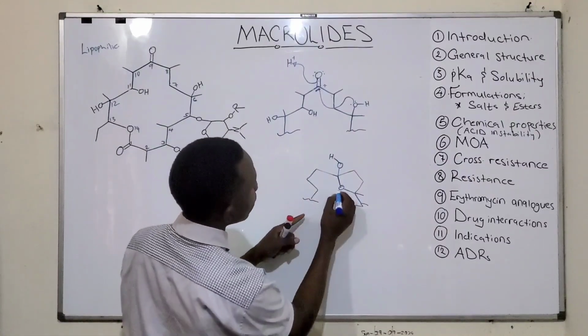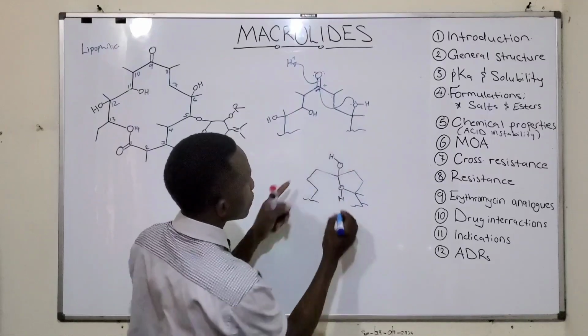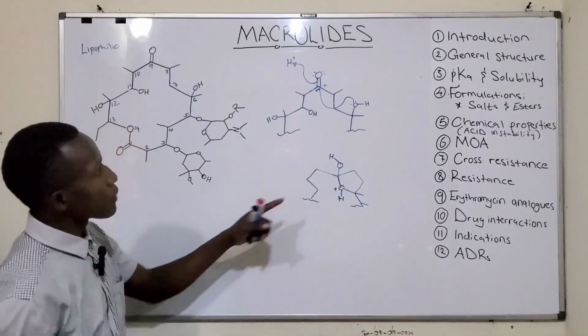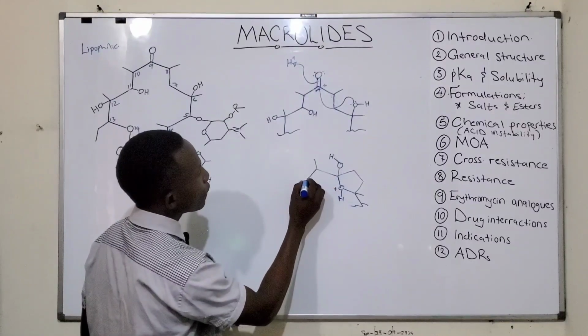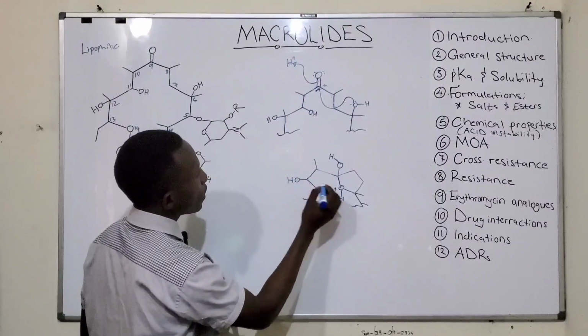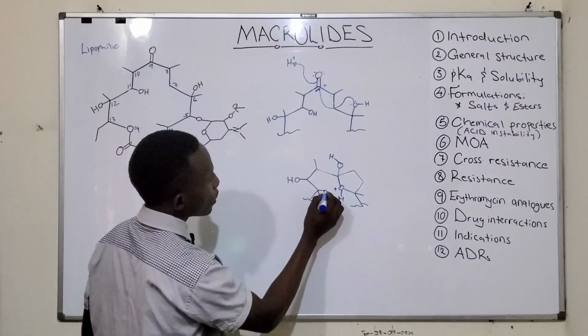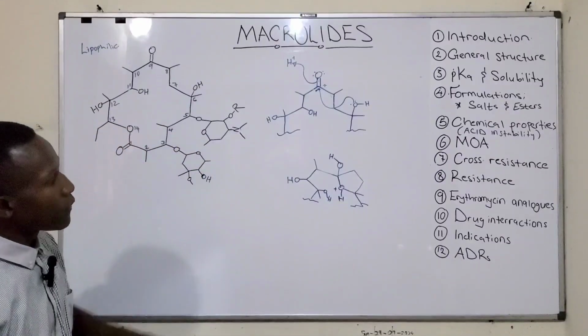And still, we have the hydrogen here on this oxygen, so it will be plus. Then I have a methyl group here. Here I have an OH group. I have a methyl group here and an OH group. That's what we have.